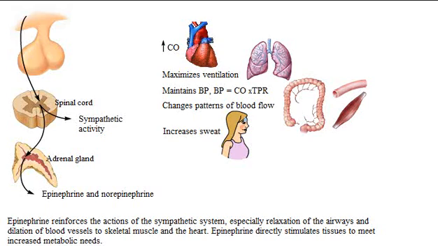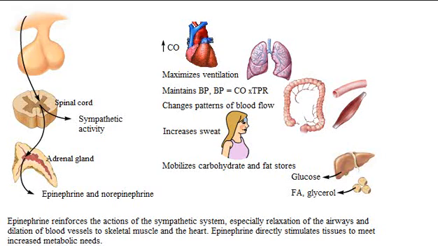Epinephrine directly stimulates tissues to meet increased metabolic needs. The major effects of epinephrine are stimulation of glycogenolysis in liver and skeletal muscle, gluconeogenesis in the liver, and lipolysis in adipose tissue. Glucose and fatty acids provide fuel for working organs. Notice that this metabolic pattern is similar to the pattern in the post-absorptive state.